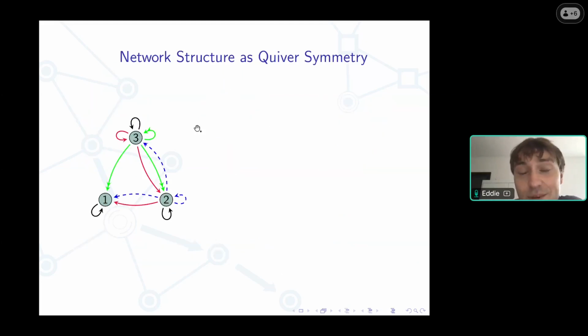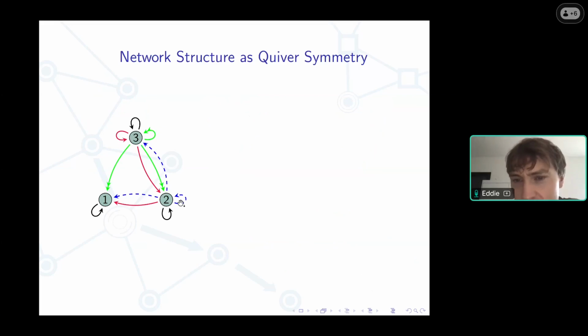So the last thing I want to say about the examples is that a lot of network structure itself is quiver symmetry. So not just properties like invariant spaces or hidden symmetry, but the actual network structure itself can often be seen as a form of quiver symmetry. This works for these so-called homogeneous networks, where all the nodes are of the same type. We have generalizations, and there are a couple of properties that I'm pushing under the rug here.